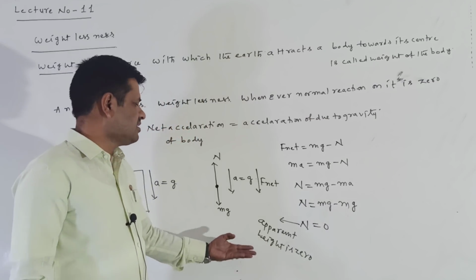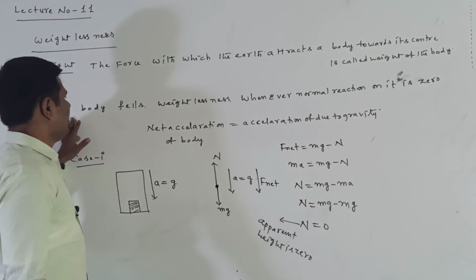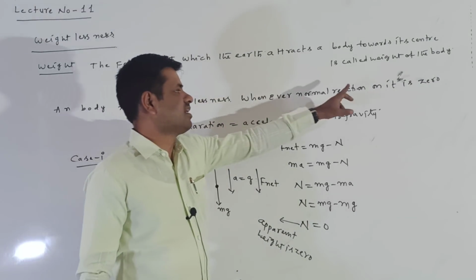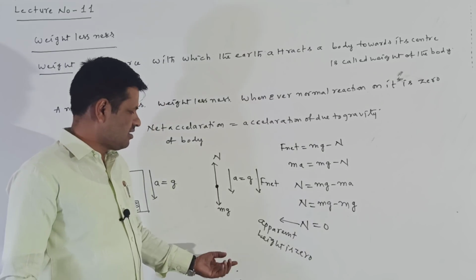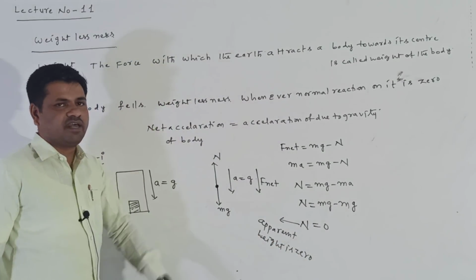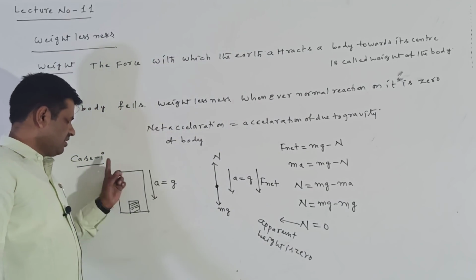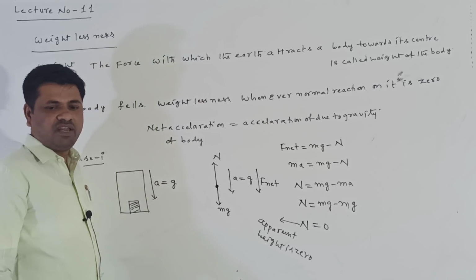When the apparent weight is 0, the body is in weightlessness. The body feels weightlessness and the normal reaction on it is 0. Normal reaction is nothing but the apparent weight. Apparent weight is 0 means the body feels weightlessness.